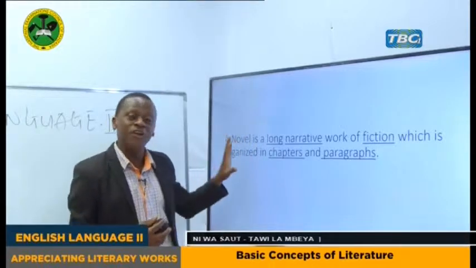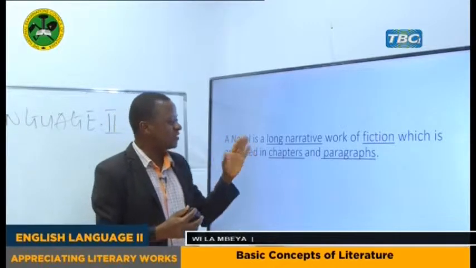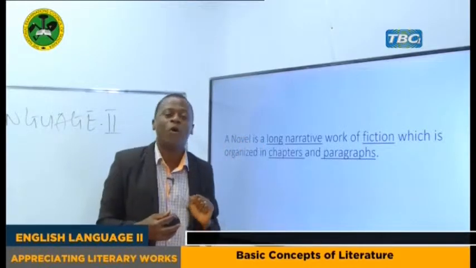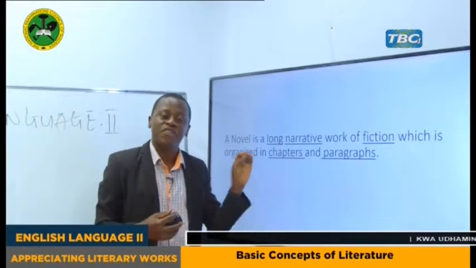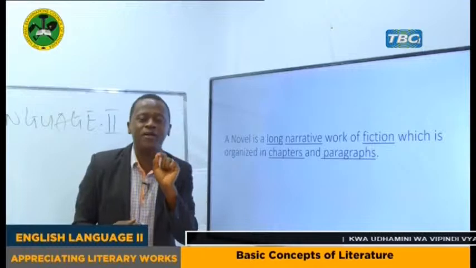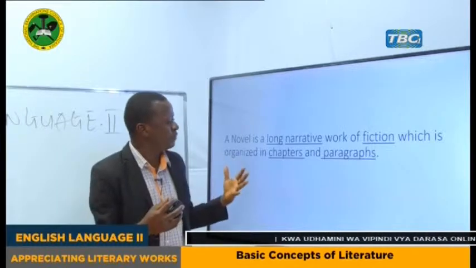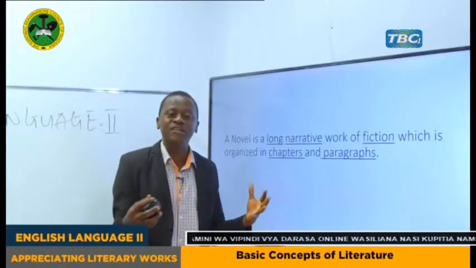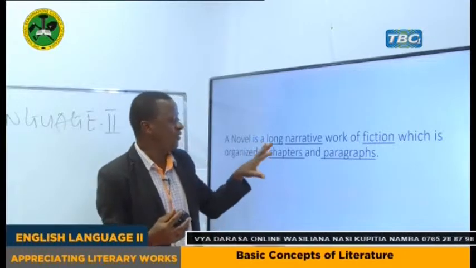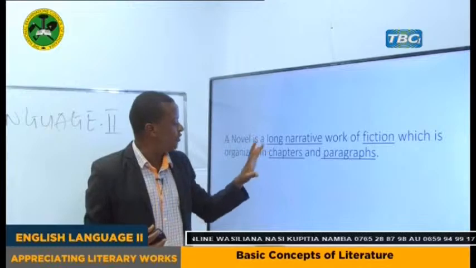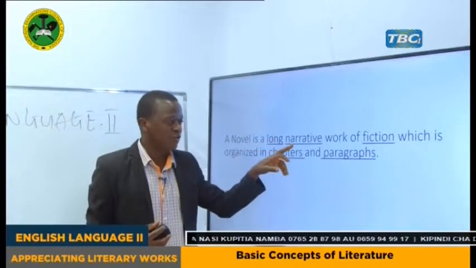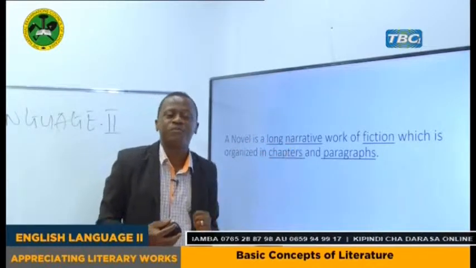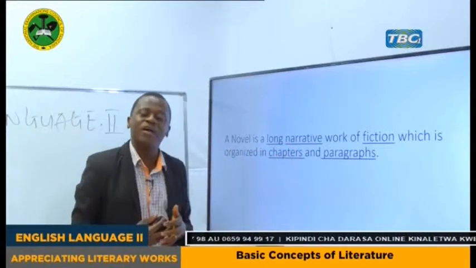Now in this particular definition, I've underlined some of the key terms, or key words, that you should use whenever you are defining a novel. Now these are the key terms. A novel is a long narrative work of fiction which is organized in chapters and paragraphs.